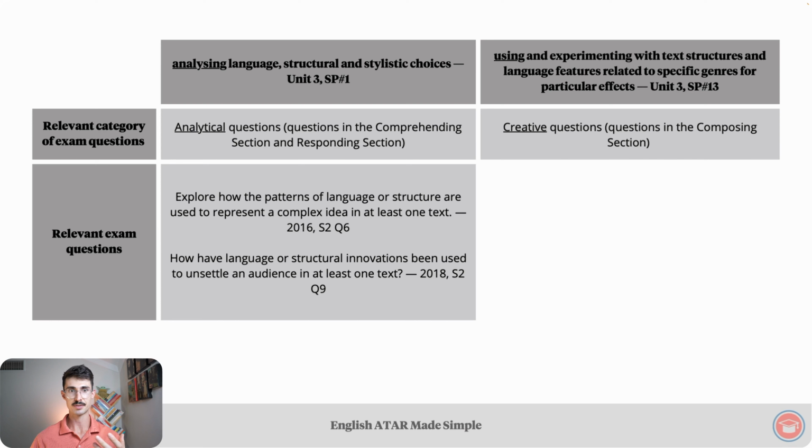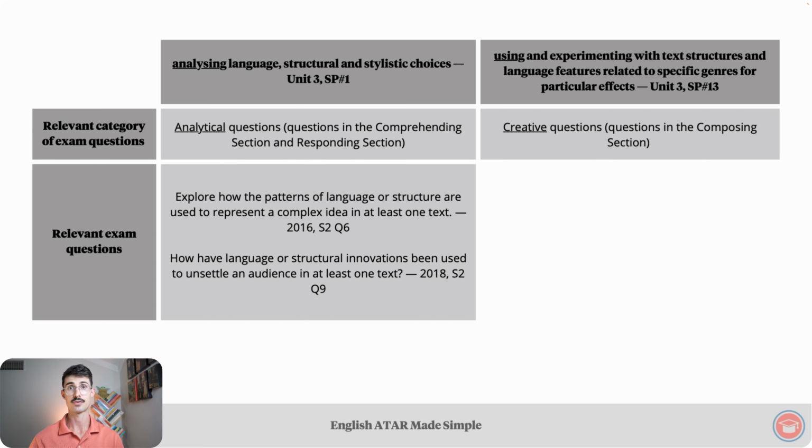For the first syllabus point, the one that relates to analytical questions, we've got: explore how the patterns of language or structure are used to represent a complex idea in at least one text. And then we've also got: how have language or structural innovations been used to unsettle an audience in at least one text. These questions require you to analyze structural devices.